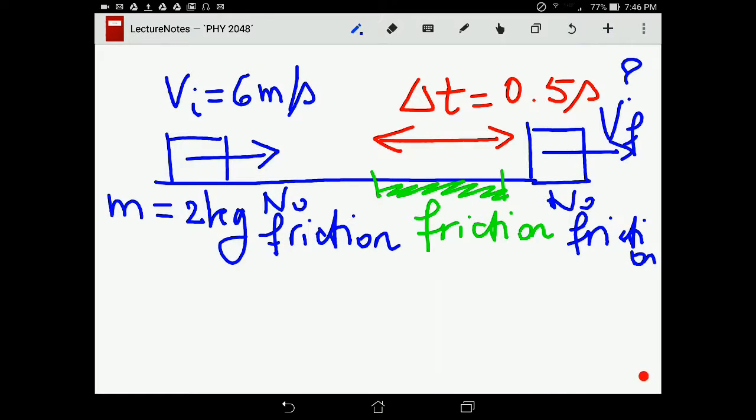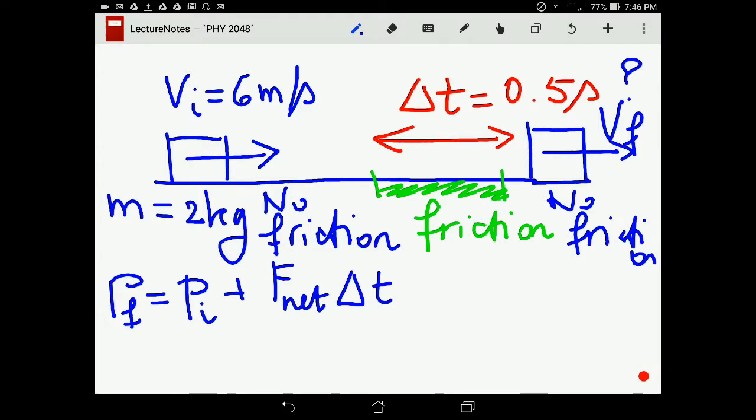So applying what I just talked about, we would say that the final momentum is going to be equal to whatever the initial momentum was, plus the net force multiplied by delta t. So we need to know something else here. We need to know something about this force.